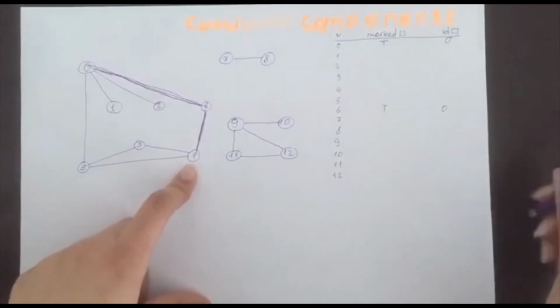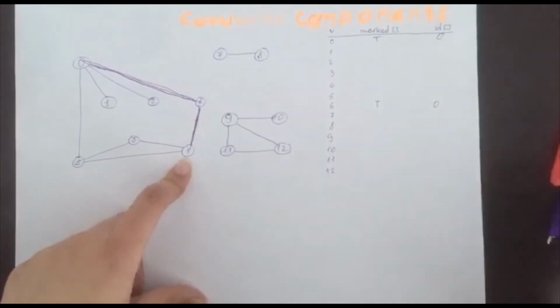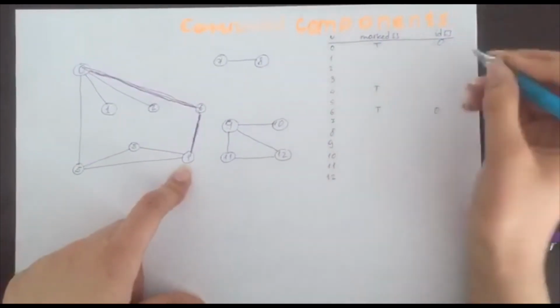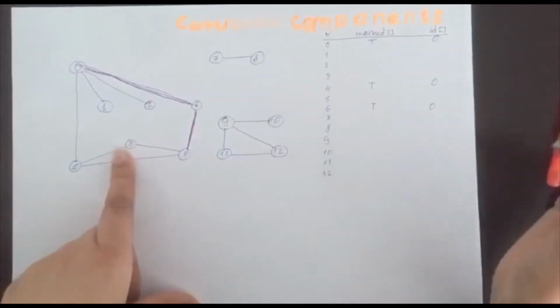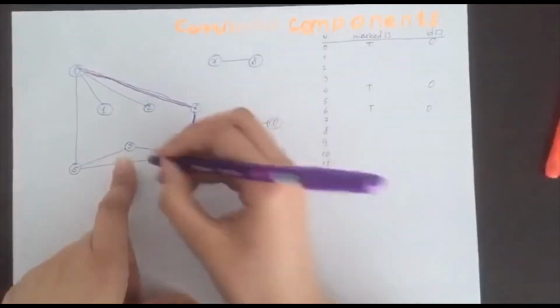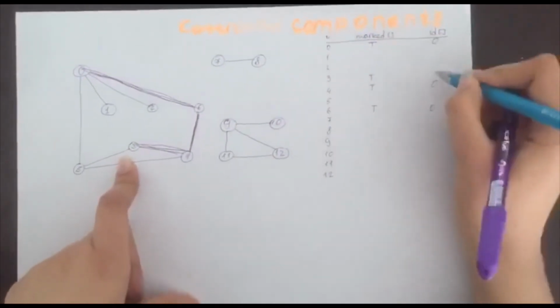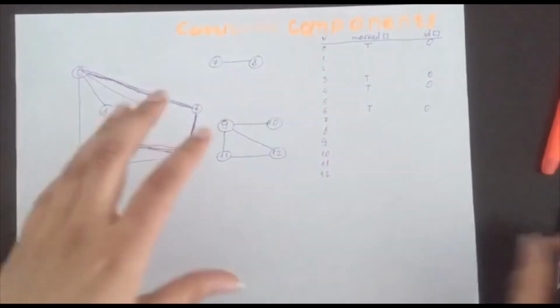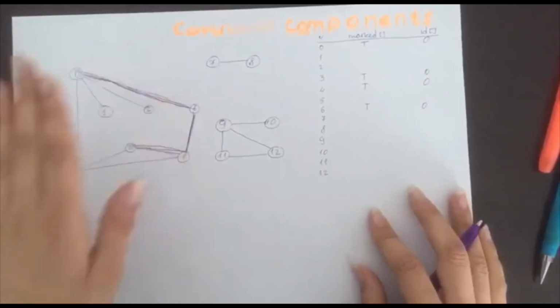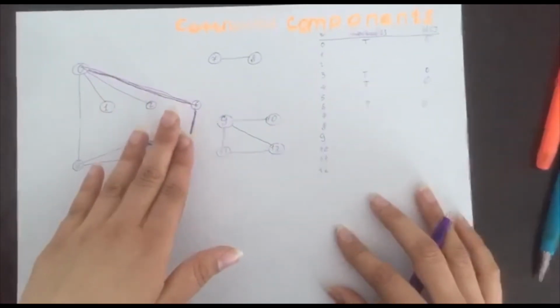After that we go to 4 and mark 8. Here 0, and so on. 3, 0, and after that we are done with the DFS of this subgraph.